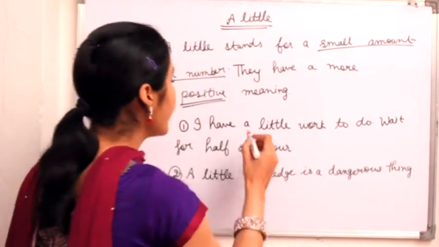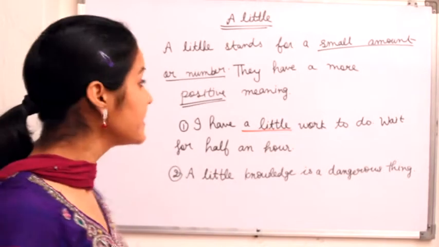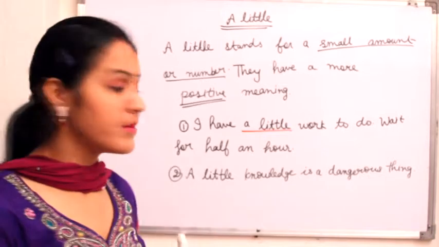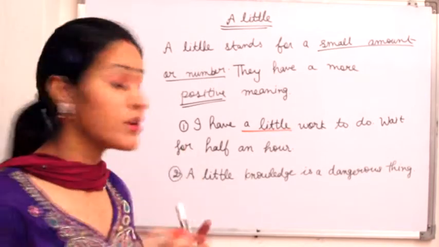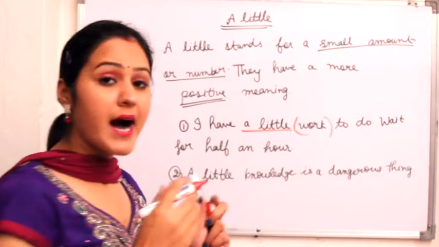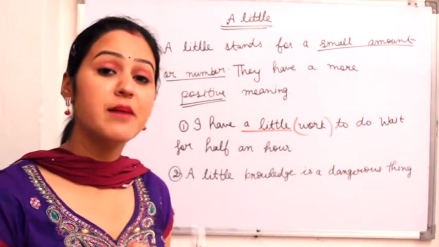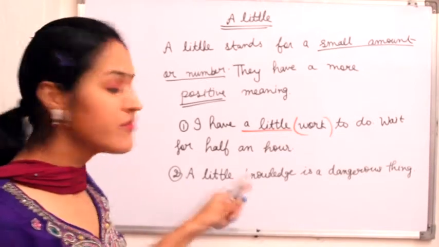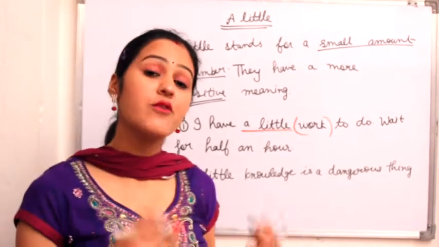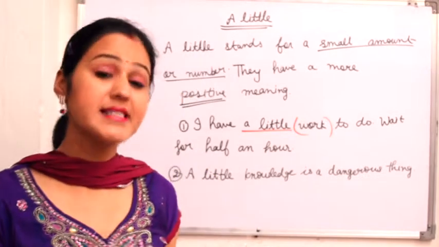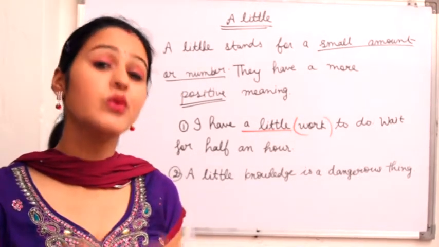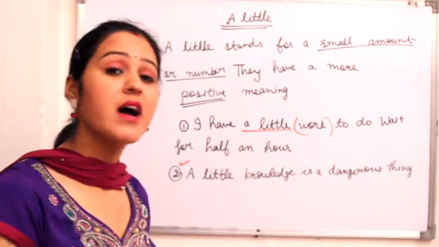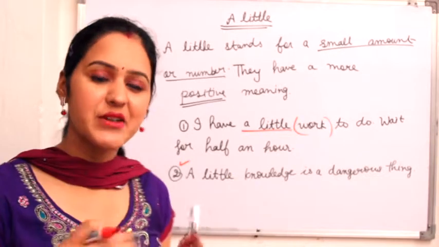So why do I use a little here? Because I am talking about a small amount or number. I have a little work to do means I have a small amount of work to do, so you have to wait for half an hour. That's why I use a little instead of little.